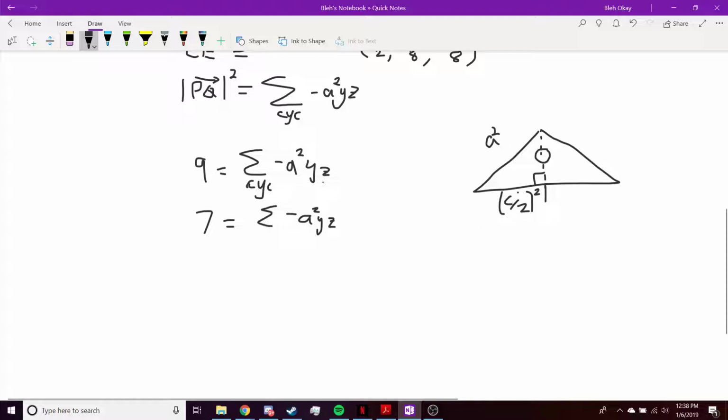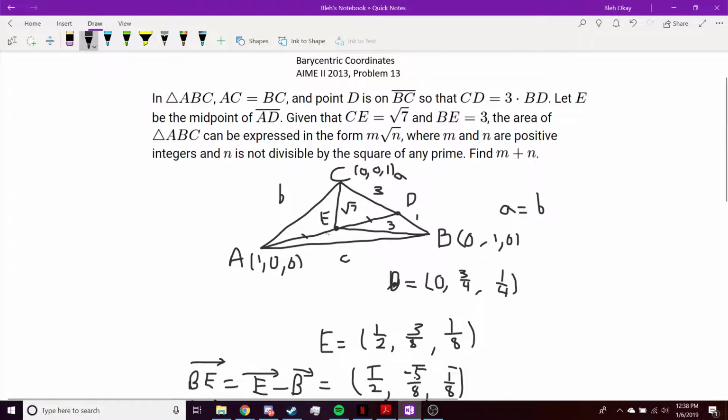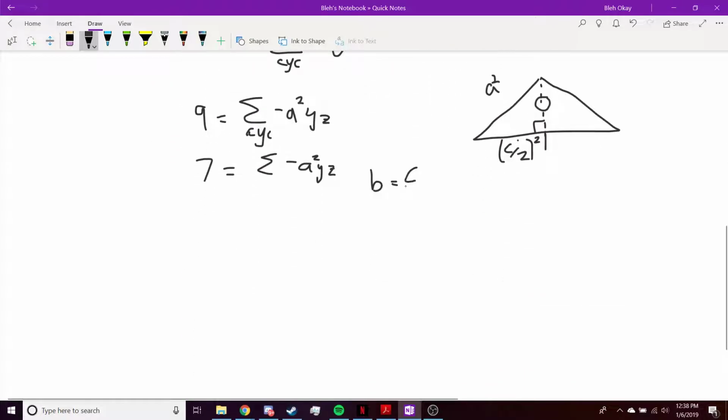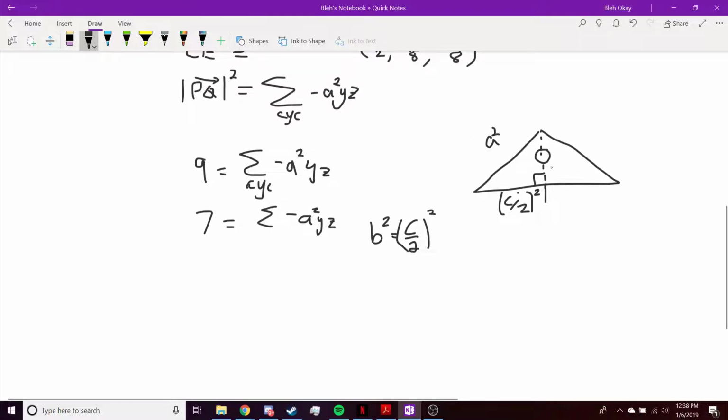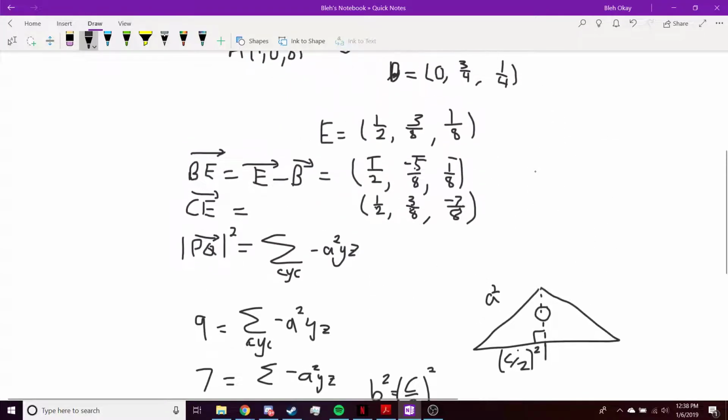So one thing that makes solving this equation nice is that if you substitute, let's just say b, I know it's bad to use the same variable here, but if you say b is equal to c over 2, you can solve for c over 2 squared directly, and then it makes doing the Pythagorean theorem thing a whole lot easier.